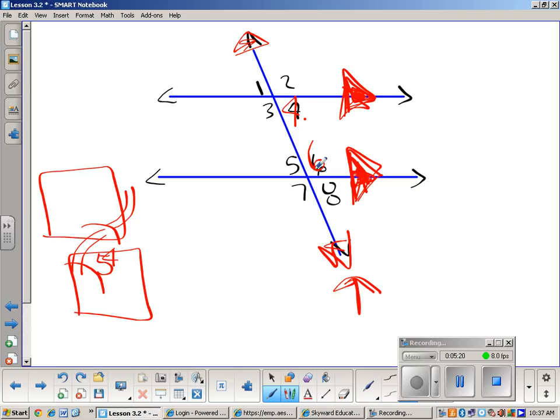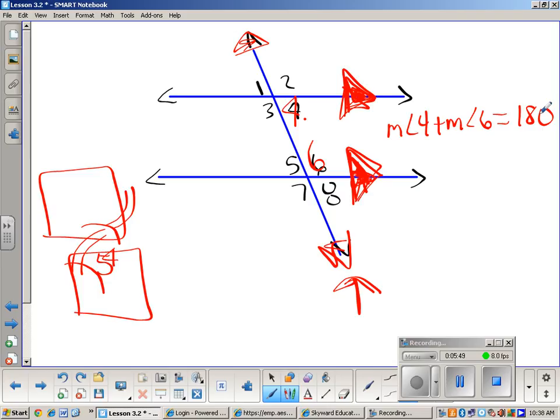No. What can we say about them? They're same-side interior, which means they're supplementary. Mathematically, the measure of angle 4 plus the measure of angle 6 must equal 180 degrees.